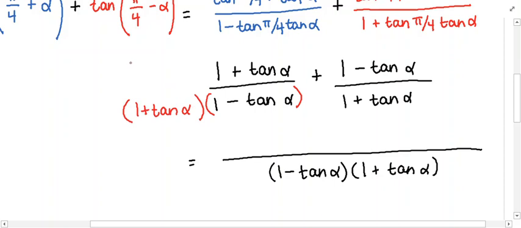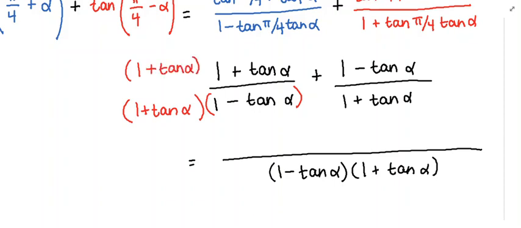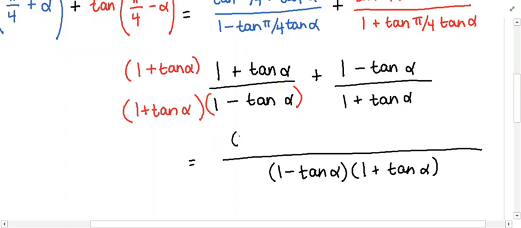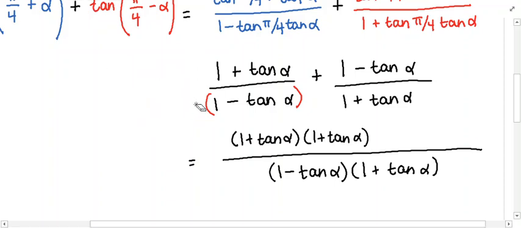If we do it to the bottom, we have to do it to the top as well. So what's going to go in the numerator for this piece is 1 plus the tangent of alpha times 1 plus the tangent of alpha. That handles that first fraction, and I'm going to get rid of this.